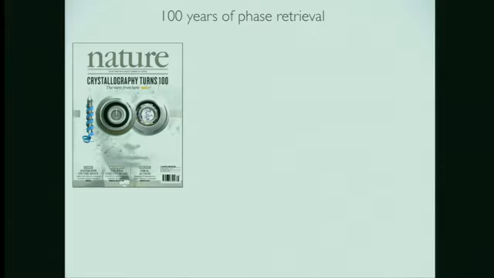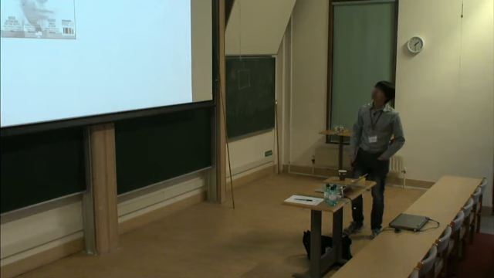If you take a look on the left-hand side, this is the cover of the latest special issue in the journal Nature. The subtitle is Crystallography Turns 100 Years Old. So let's quickly review what we have achieved by this technology.